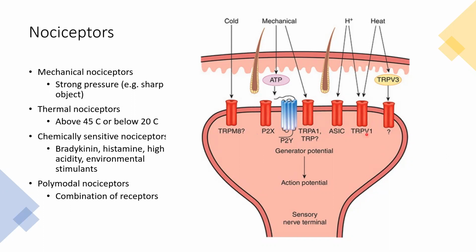So your noxious mechanical, cold, and chemical stimuli may also activate your TRPA1 receptor. So A stands for ankyrin. So TRPA1 receptor on the sensory nerve terminals. So sensory nerve endings can also have what we call your acid sensing ion channel.